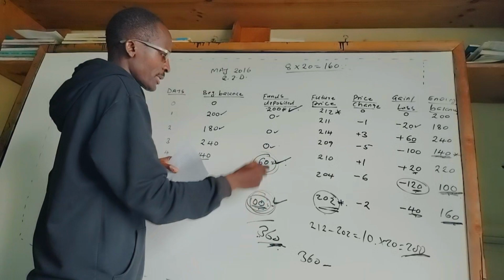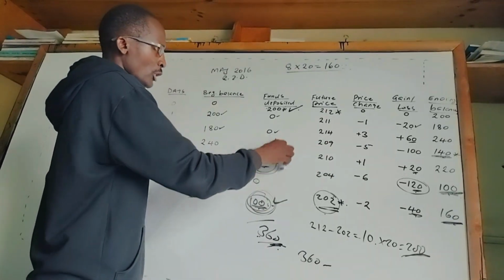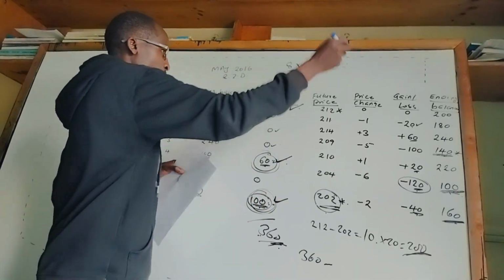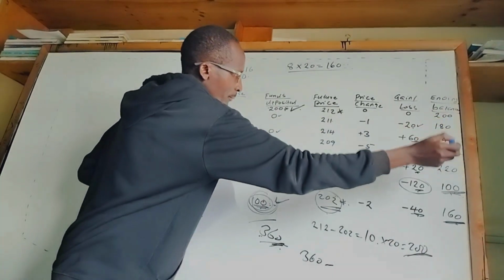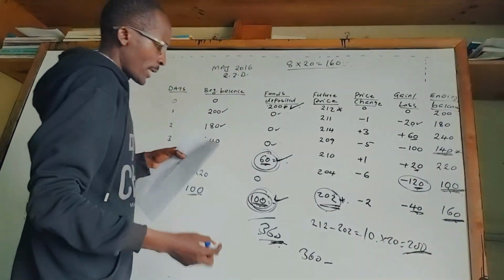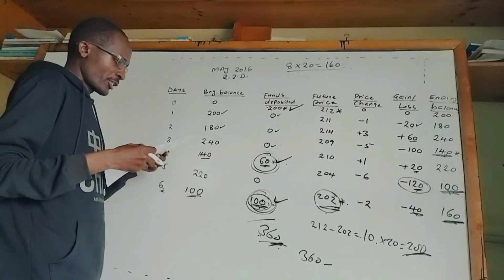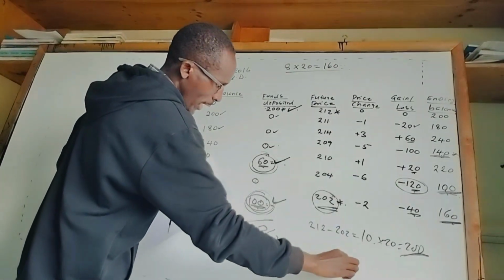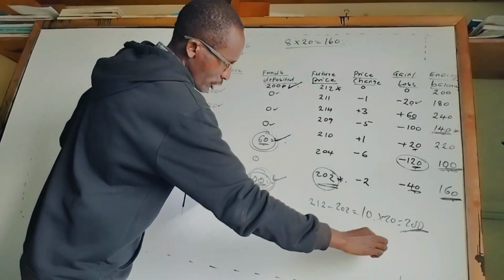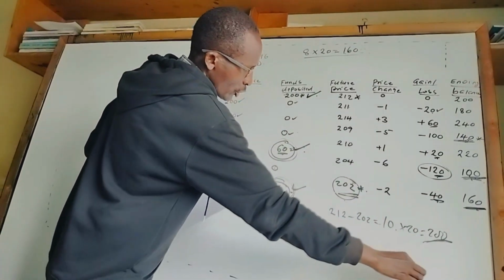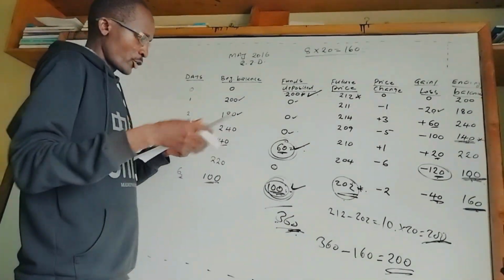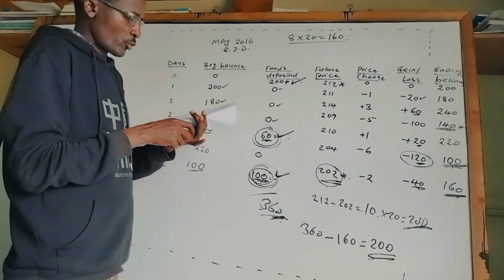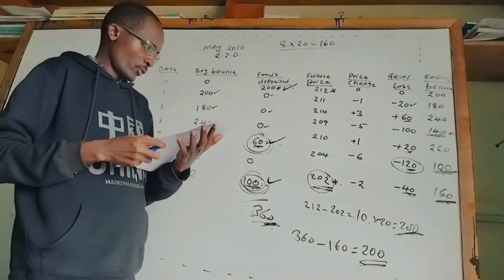Remember, these come as a result of the balances going below 160. Like here, you deposited 60, and here you deposited 100. So 360 minus 160 is $200, the same as the other answer. So that is how you could have attempted that question.